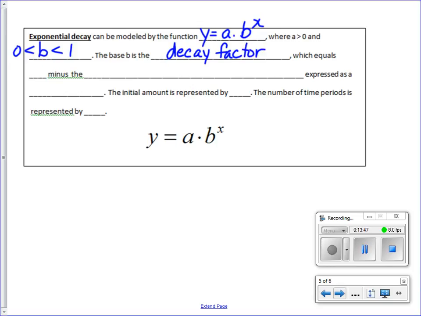Which equals 1 minus the, let's say, percent rate of change, expressed as a decimal.